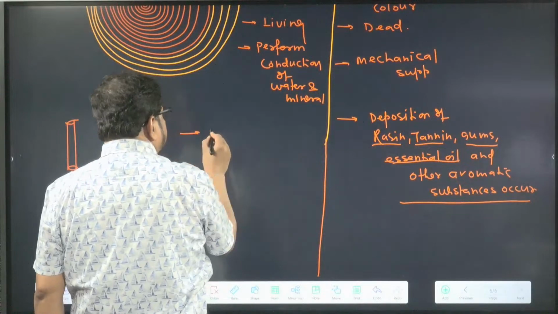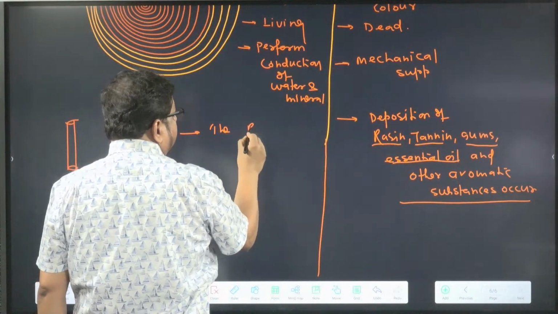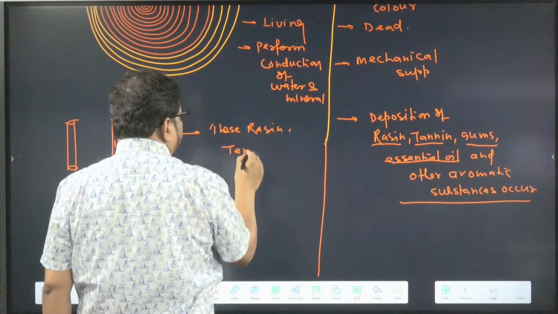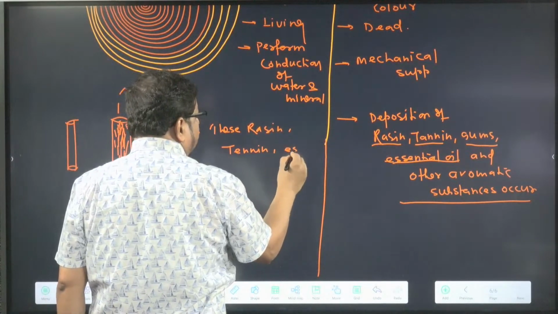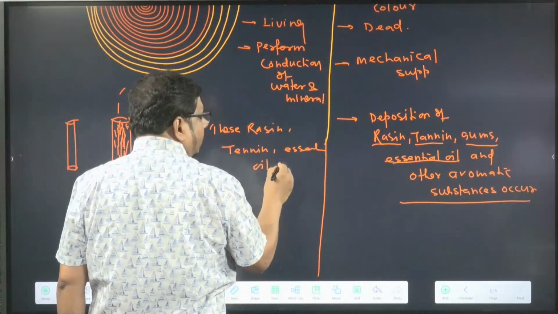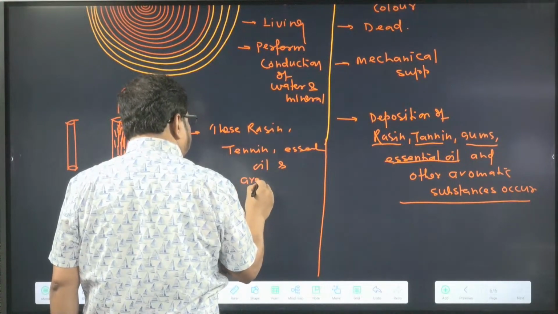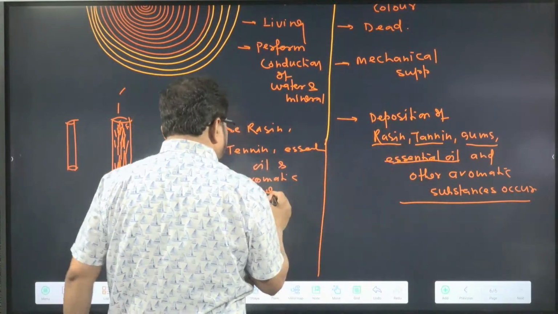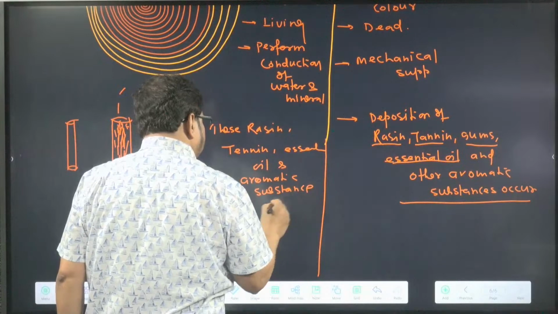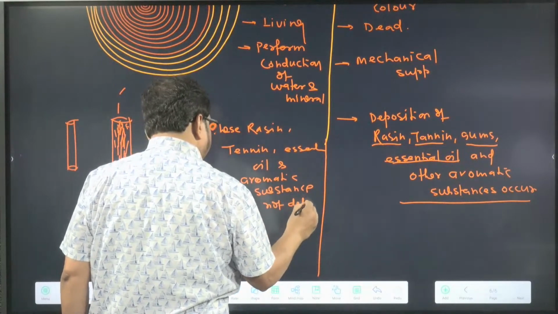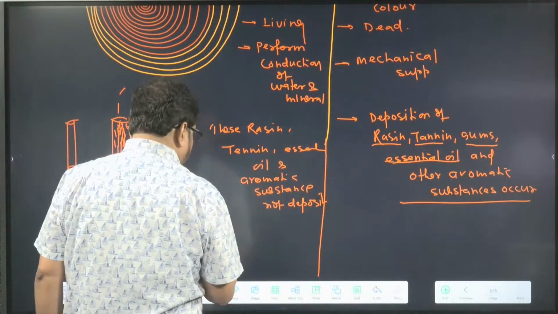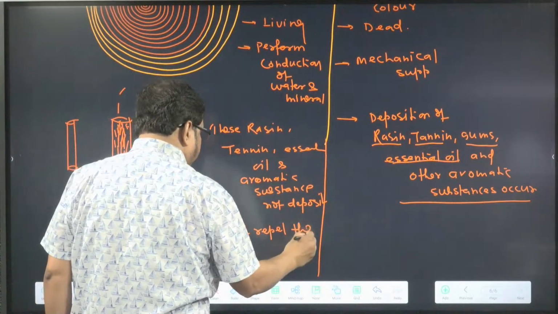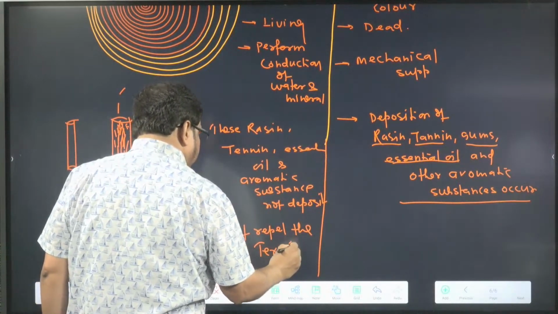So these resin, tannin, essential oil, and aromatic substances are not deposited in sapwood. All these pipes are blocked in heartwood. So sapwood would not repel the termite and insect.